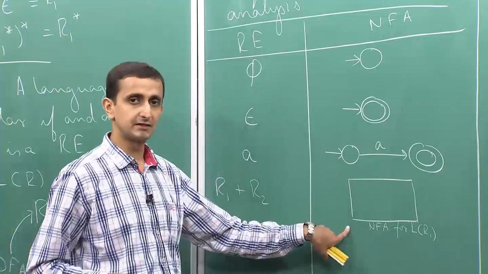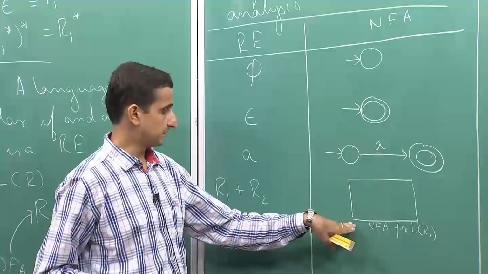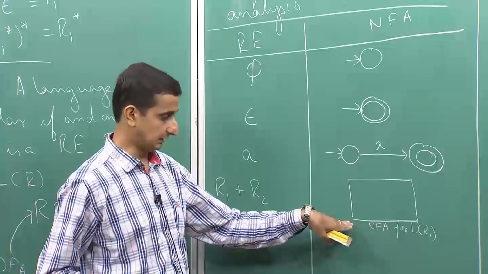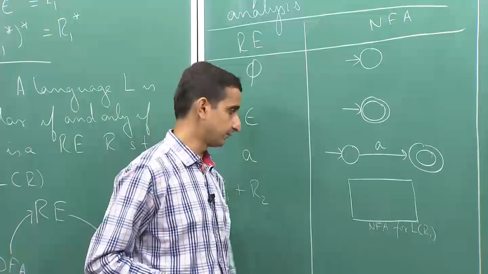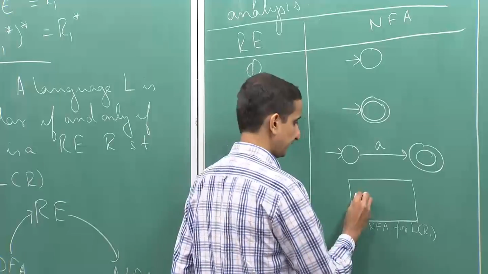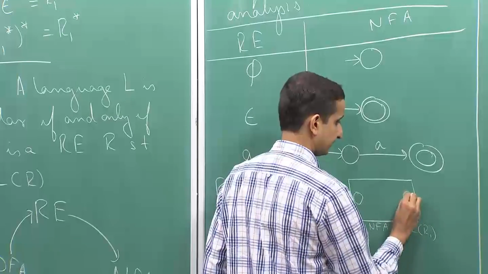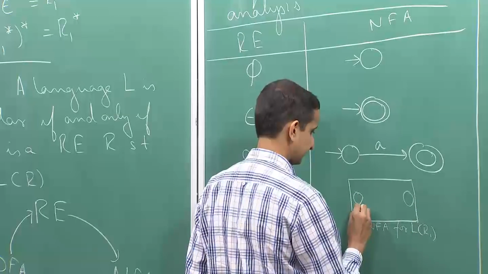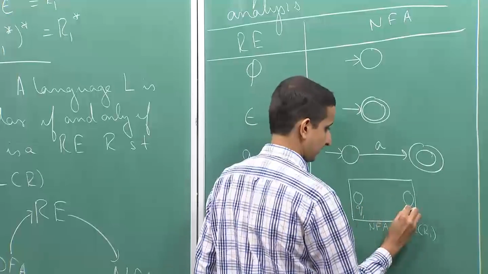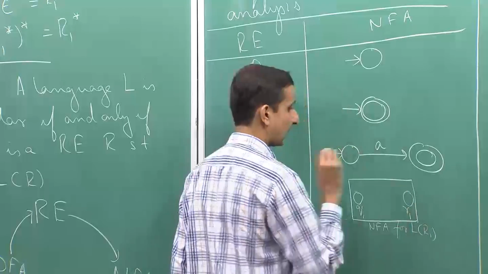This NFA accepts the same language as L of R1, and we will assume that this NFA has a unique start state and a unique accept state. So, let us call this Q1 and let us call this R1.